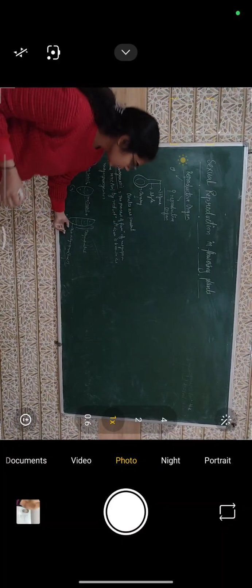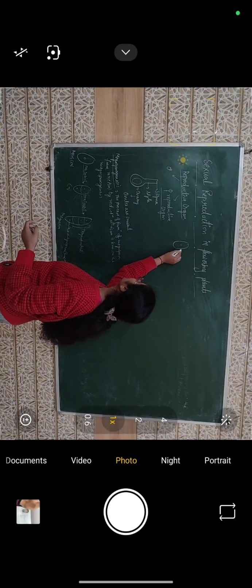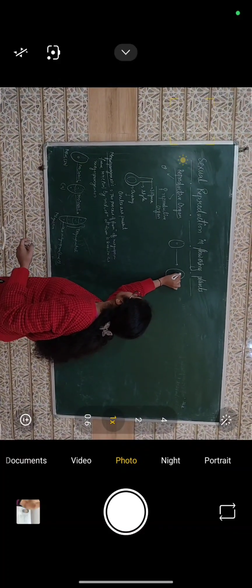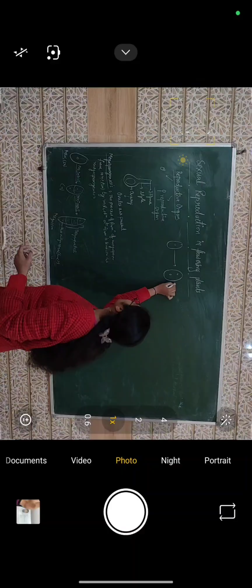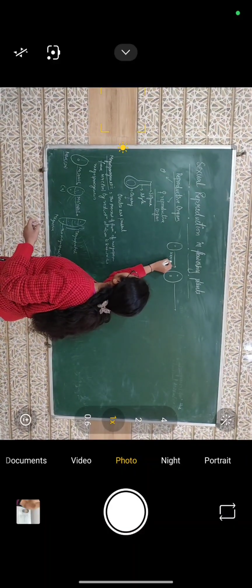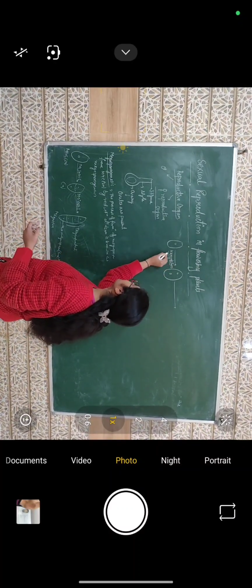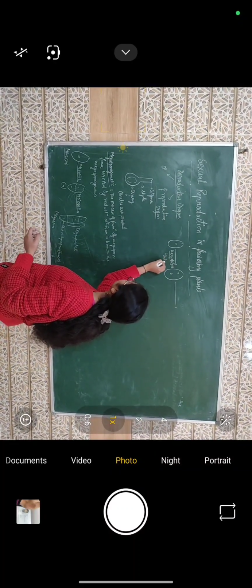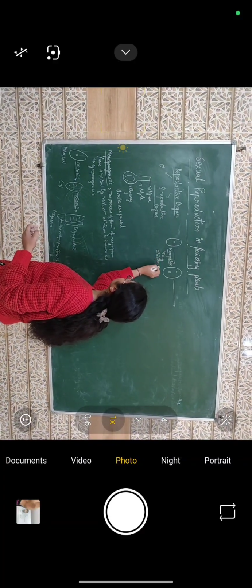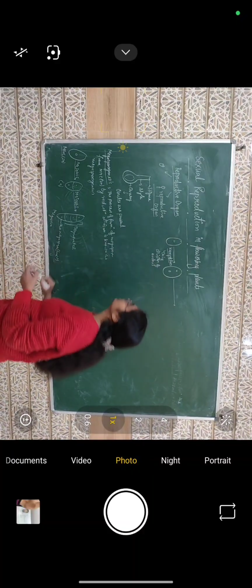So this functional megaspore will undergo division. It is karyokinesis. Karyokinesis simply means only division of the nucleus. It will not form a cell membrane.